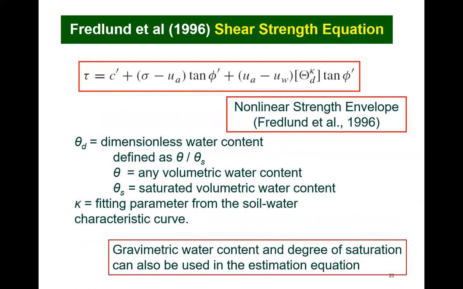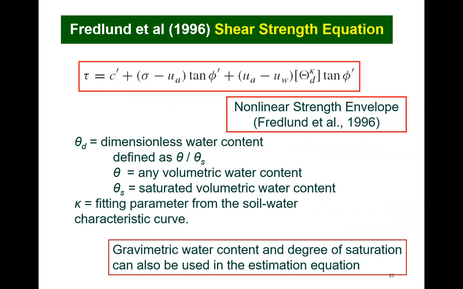The shear strength function is an estimation of the change in strength with respect to matrix suction. This equation, probably the one shown here, was published by Fredlund et al. in 1996. The shear strength function makes use of the soil water characteristic curve to get the soil information required to define the function.